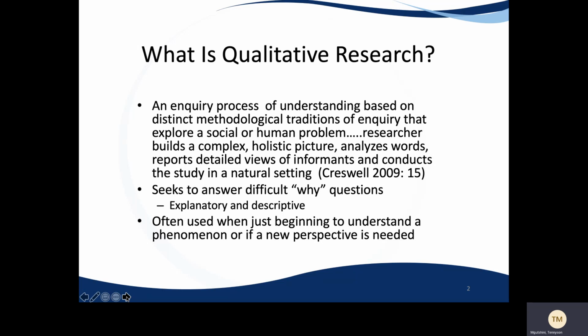By comparison, quantitative research is generally when the important variables are already known and the researcher is just exploring causality.